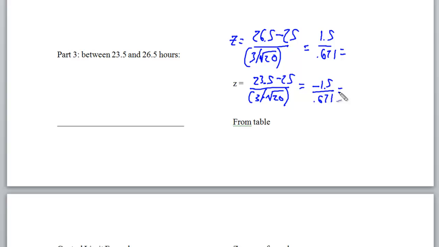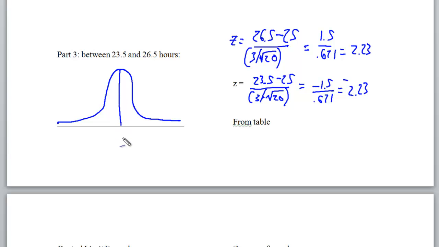Looking at our answer on the calculator, we get 2.23, 2 and 23 hundredths, and -2.23. And that would make sense since we're really looking at a symmetrical standard deviation.